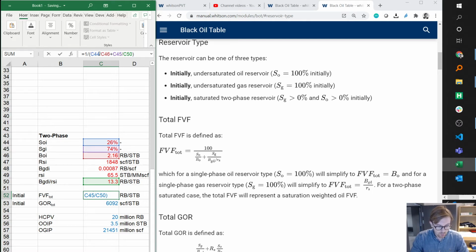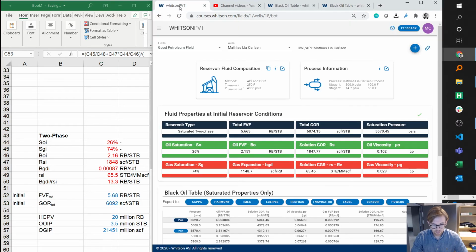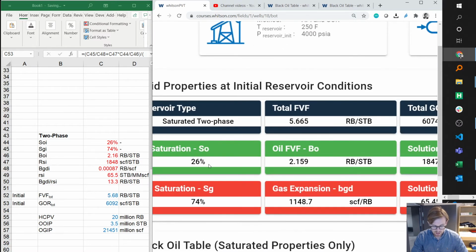So it's 1 over essentially the saturation of oil divided by the BO, and then the saturation of gas divided by this BGD over little rs. Okay, and that provides you with 5.68. And we can go in and just compare those numbers. Yeah, and those won't be exactly the same because we are lacking some digits on the SO right here.